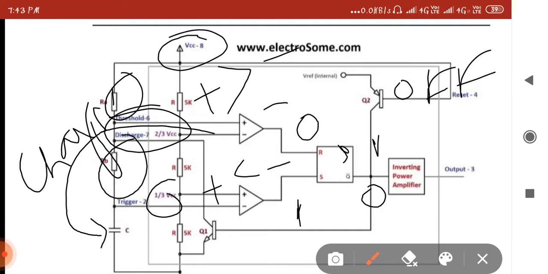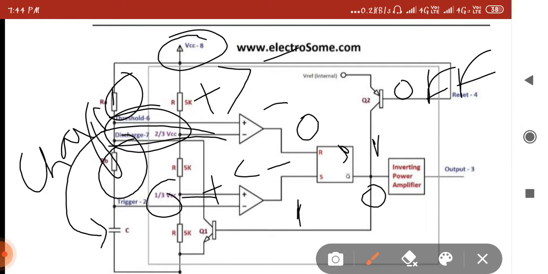The voltage divider network provides a stable bias voltage to the upper and the lower comparator. 2 by 3 VCC goes to the inverting input terminal of the upper comparator, and 1 by 3 of VCC goes to the non-inverting input terminal of the lower comparator.